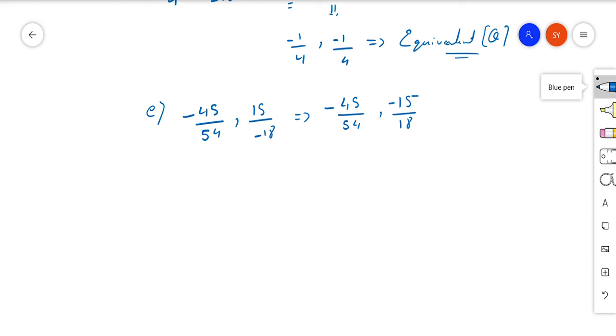Now we can further reduce both of them. They are both not in the standard form, so we'll reduce them and check. 9 5s are 45 and 9 6s are 54, so minus 5 by 6. 3 5s are 15 and 3 6s are 18, so again this came to minus 5 by 6. Hence we can say this is an equivalent rational number.